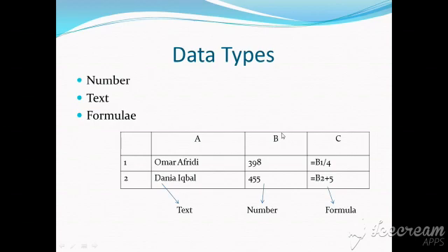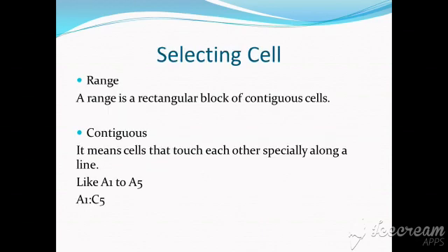Numbers represent digits like 3, 9, 8, from 0 to 9, and combinations of those. Text means we write any alphabetical data in our cells as labels, and if I want to apply any formula, that would be written using addition, subtraction, division or multiplication. Then we have how to select a cell.